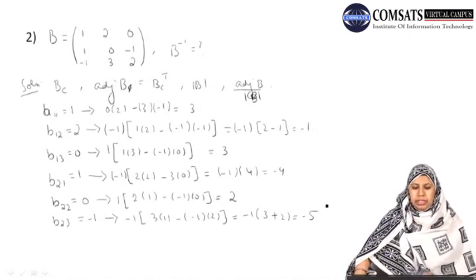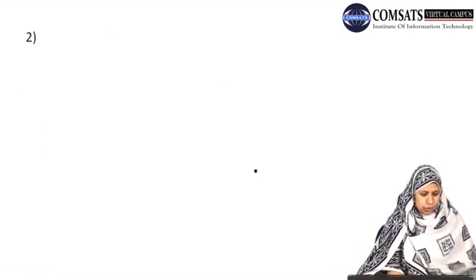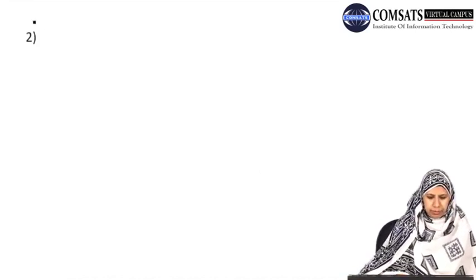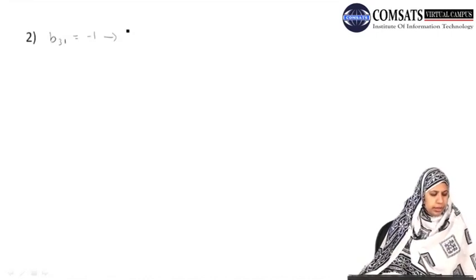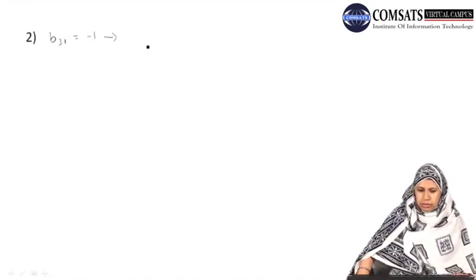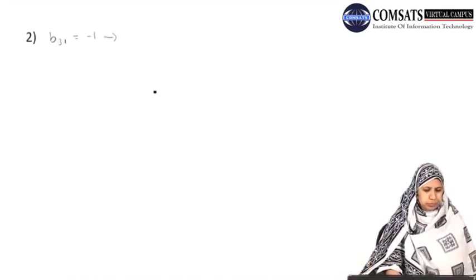Okay, similarly we have to find the cofactors for the rest of the 3 entries. Now the cofactor for the entry B31, which is equal to -1, the number associated will be 1, and the minor will be equal to -2.